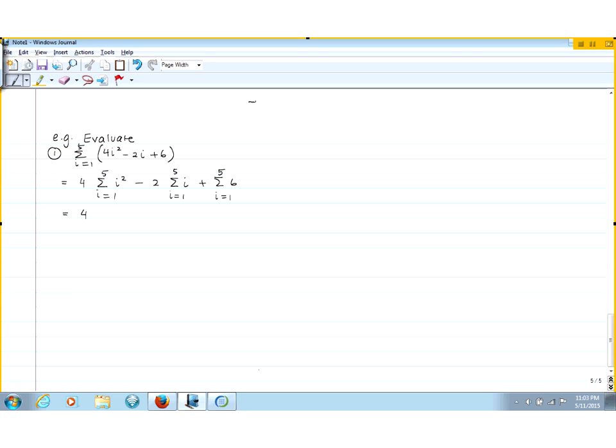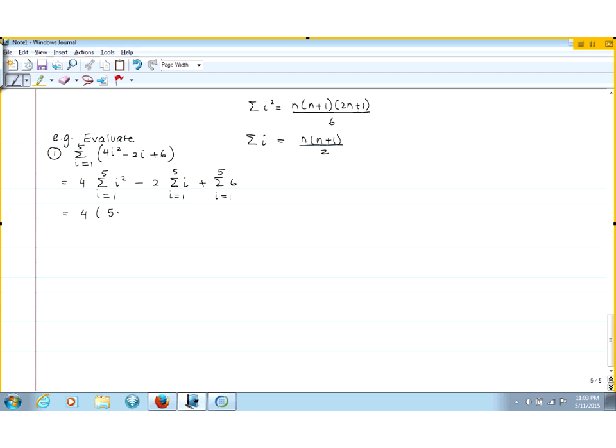Maybe we should write the formulas first. Sigma i squared is equal to n times n plus 1 times 2n plus 1 over 6, and sigma i is equal to n times n plus 1 over 2. I think it will be easier if we write it down.